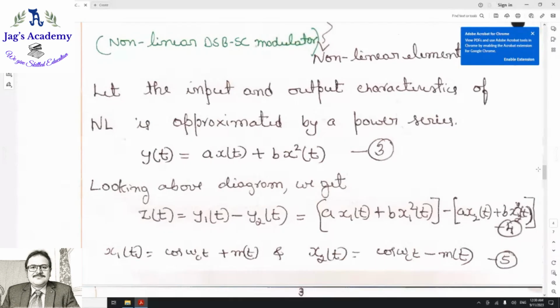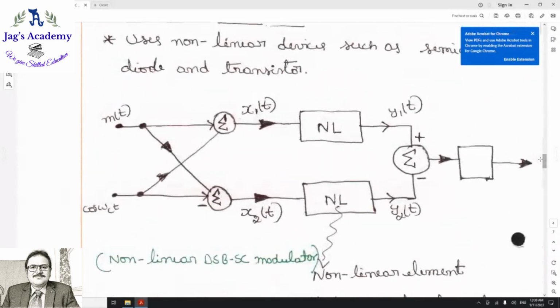That means in this you get two outputs, right? y1 of t, where cos omega ct and m of t are given as input here, and you are going to get the output as a into x1 of t plus b into x1 square of t.